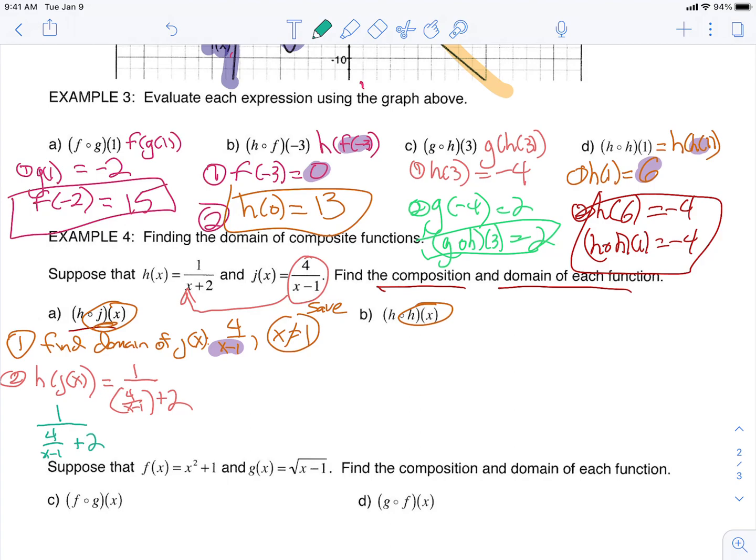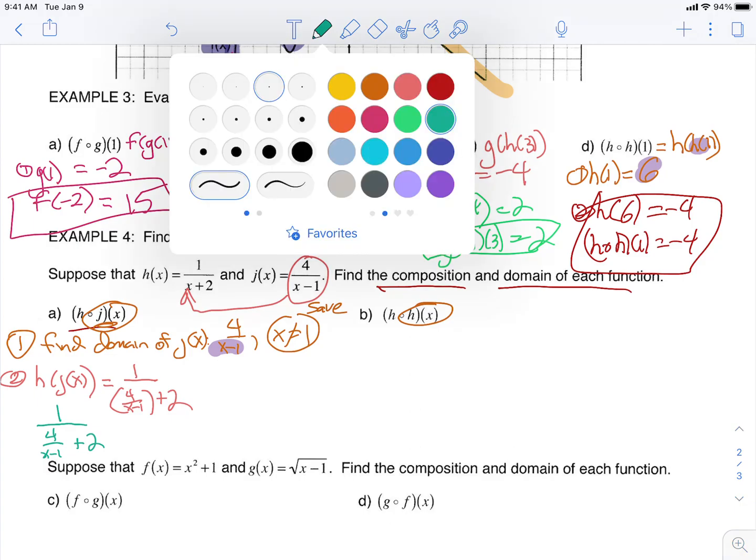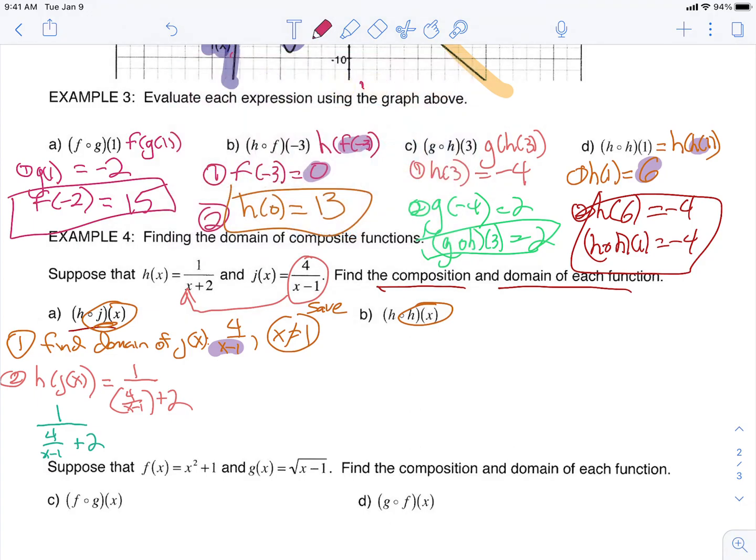So I think we came to a pretty good understanding that we have to multiply everything by the common denominator. If I look at these numbers a little bit differently, 2 is really 2 over 1, 1 is really 1 over 1, right? So now I'm looking at three denominators. I have a 1, I have an x minus 1, and I have a 1.